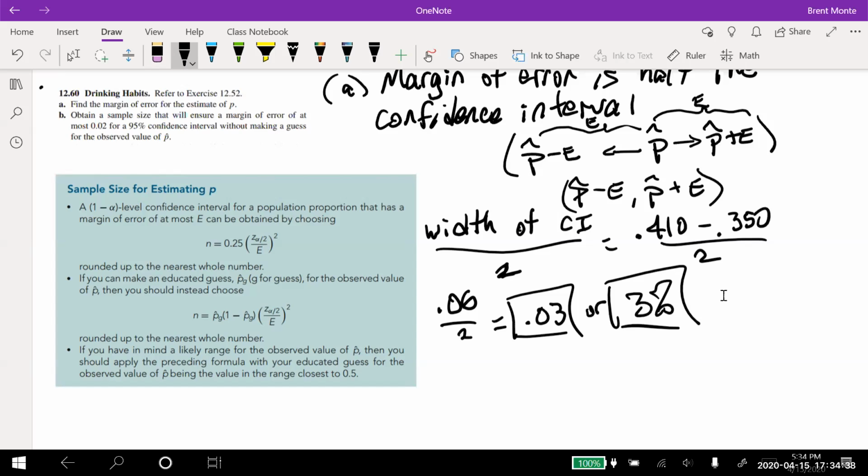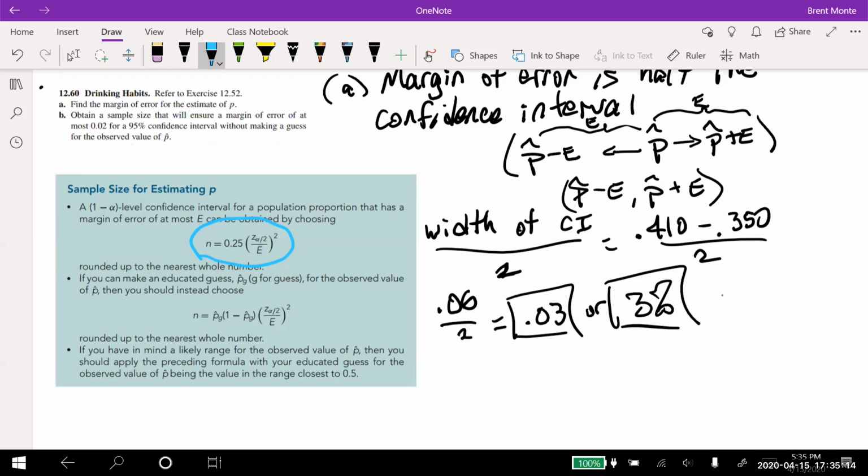and then they give us this first formula. If I have no idea what the population proportion is, I have to estimate it. If I don't know, I just do 0.25 times z of alpha over 2 over E, quantity squared.